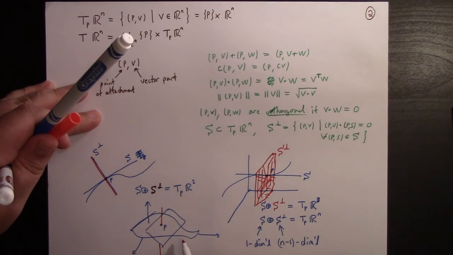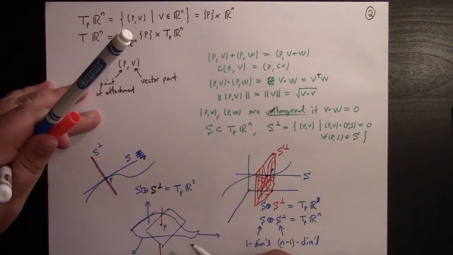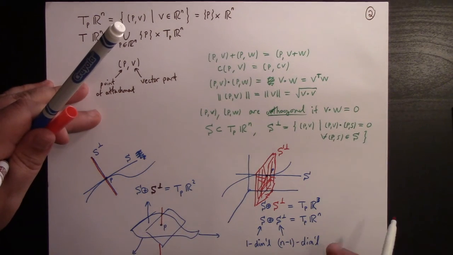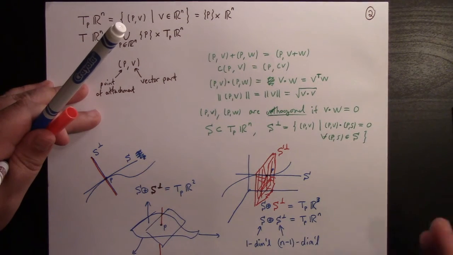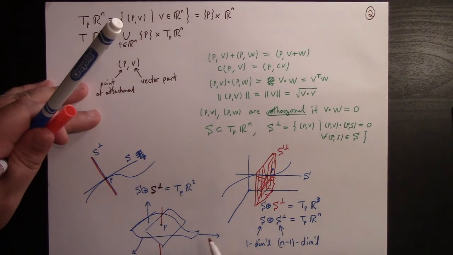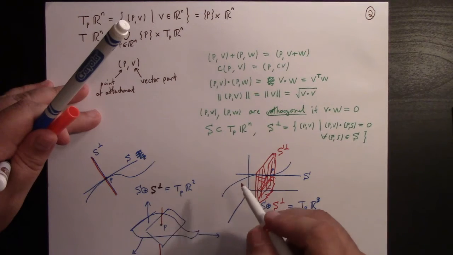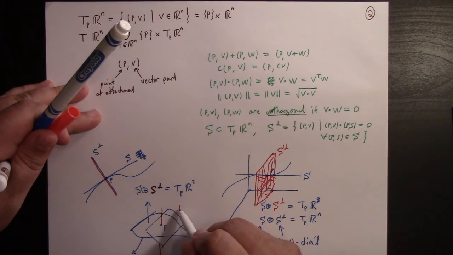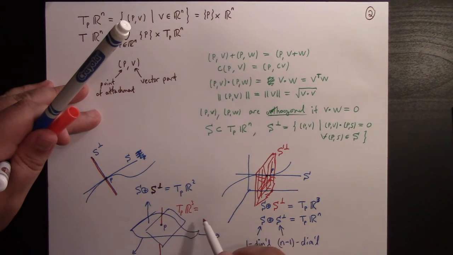In this case, again, the tangent space direct sum with the normal line gives you back the tangent space of R3. Not the tangent space of R3, the tangent space, the space of all vectors attached to P. So in other words, what we're calling TPR3 again would be the tangent space to the surface.